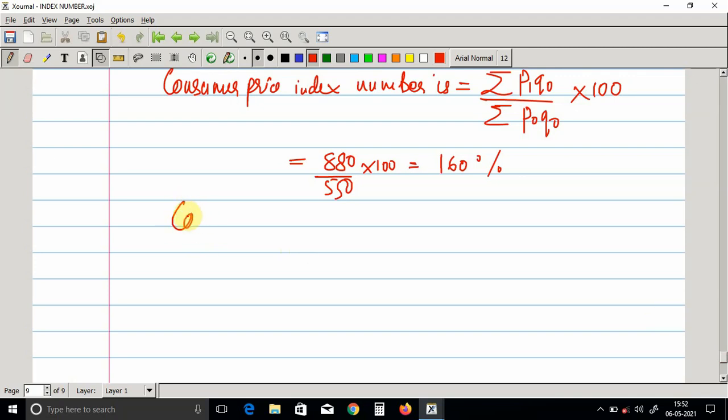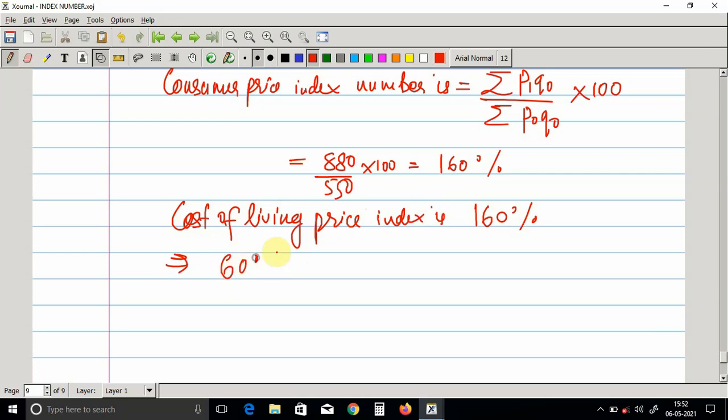So the cost of living, or the consumer price index, the cost of living price index is 160%, which implies that to maintain your lifestyle, or to maintain your cost of living, you should start earning 60% more to maintain the same lifestyle.